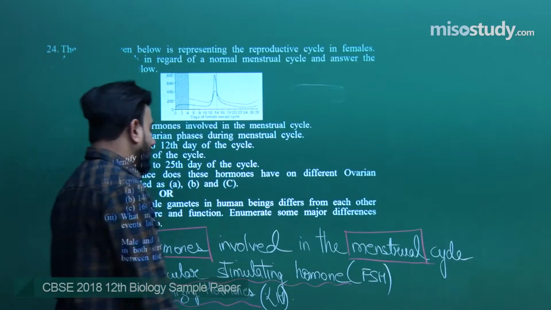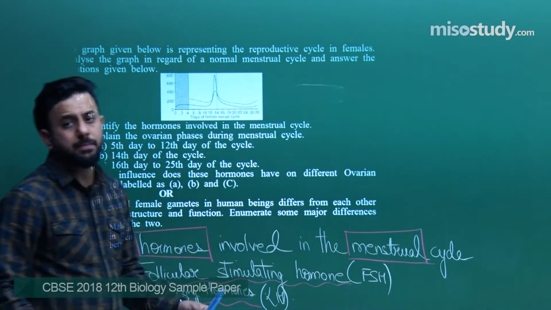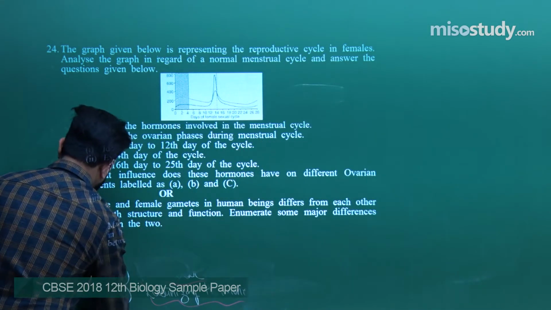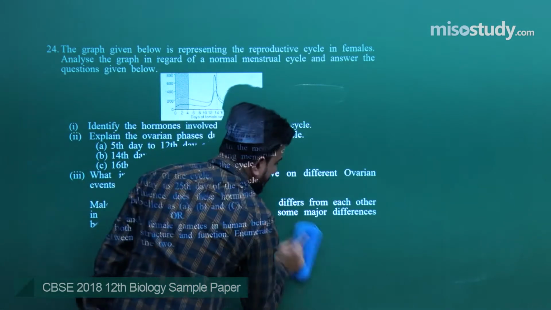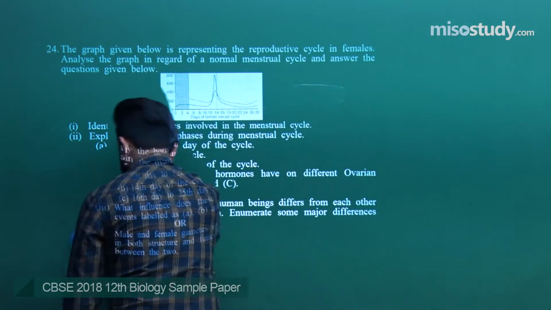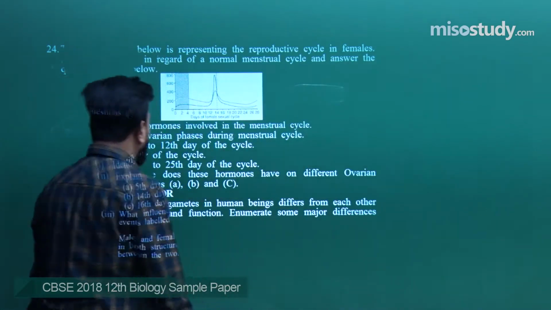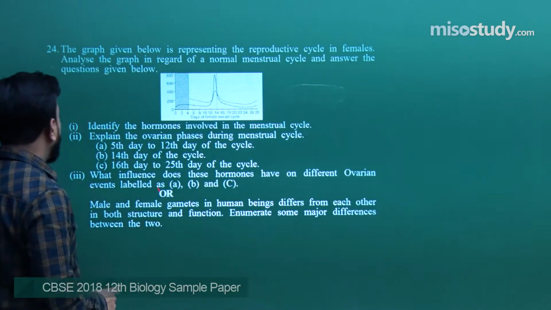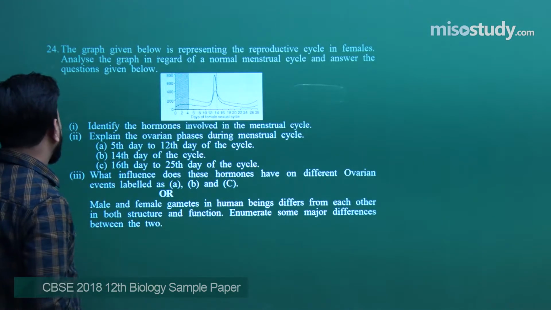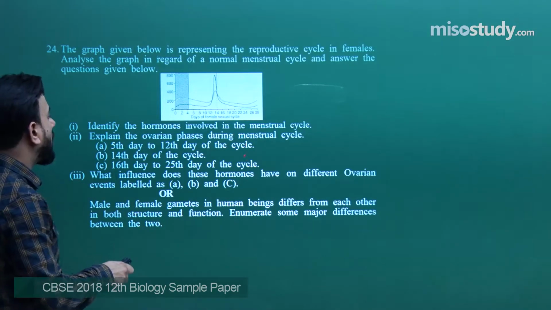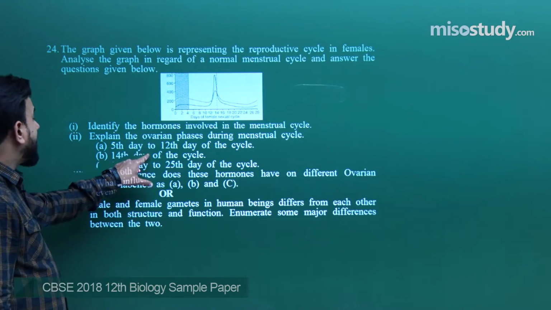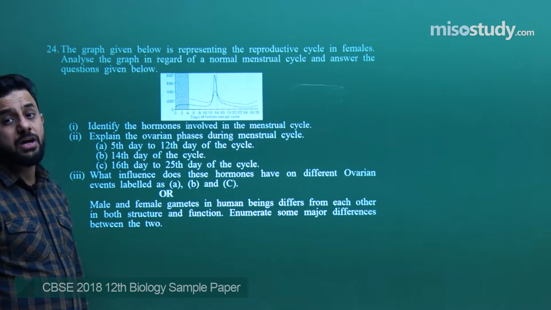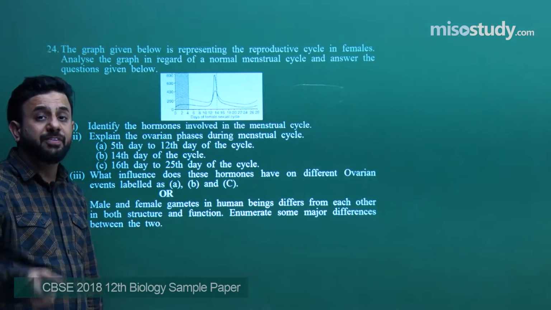Right. Now I'll rub this and let us move to the second part of the question. It says explain the ovarian phases during the menstrual cycle. So it is asking about the 5th day to the 12th day of the cycle. That is the first phase of the cycle, also called the follicular phase or the proliferative phase.